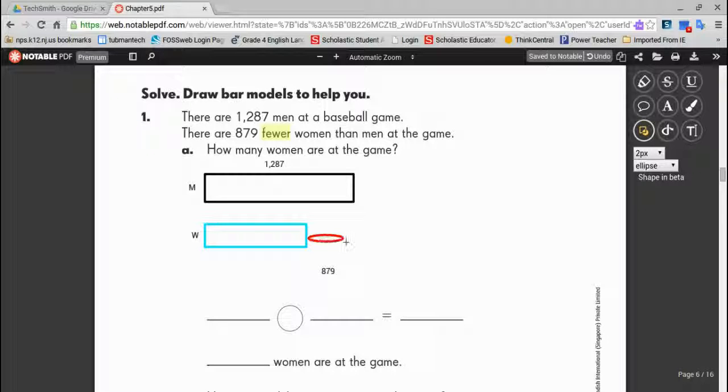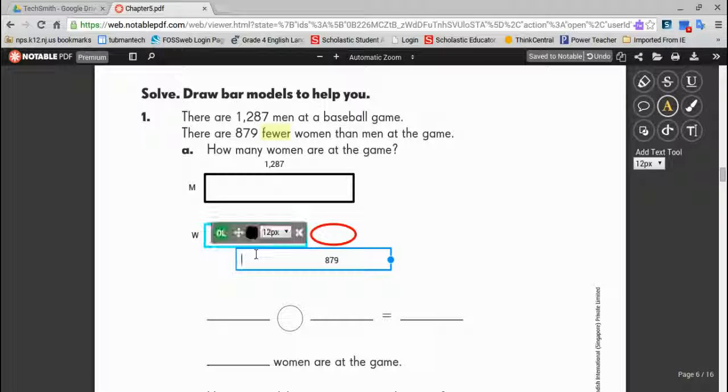So this empty space from here to here is how many fewer women I have. Alright. So here's my bar model. And here I do not know how many women I have. So I'm going to put a question mark right over here. So this is what my bar model looks like.